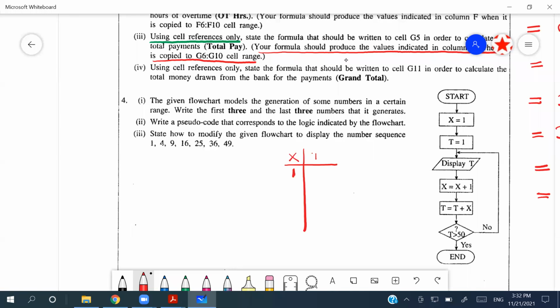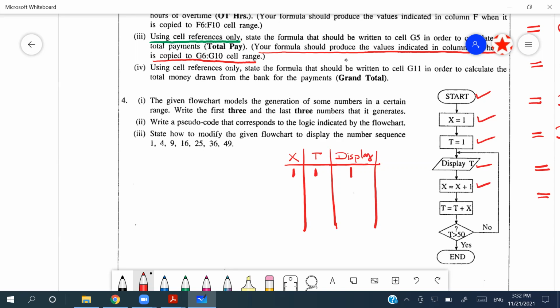And they say t equals 1 as well. So start happens, x equals 1 happens, t equals 1 happens. Then it says display t. So that means my output, the display, is going to indicate 1.